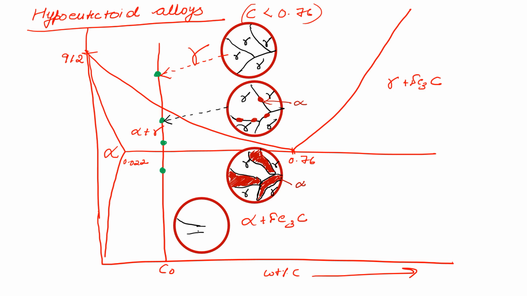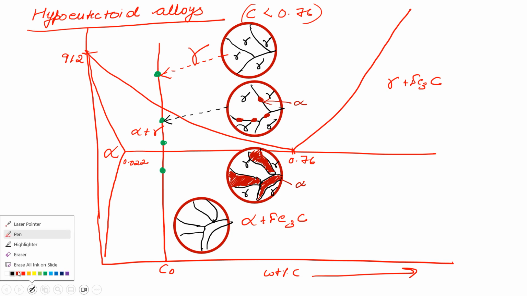Pro-eutectoid alpha will be separate, and the remaining will separate out as a special phase that we know as perlite.